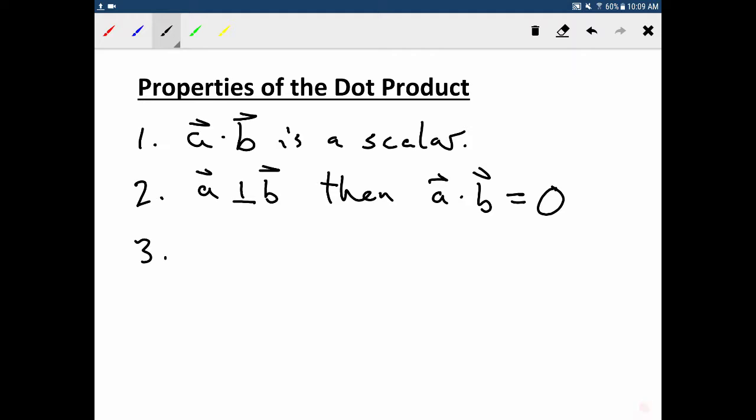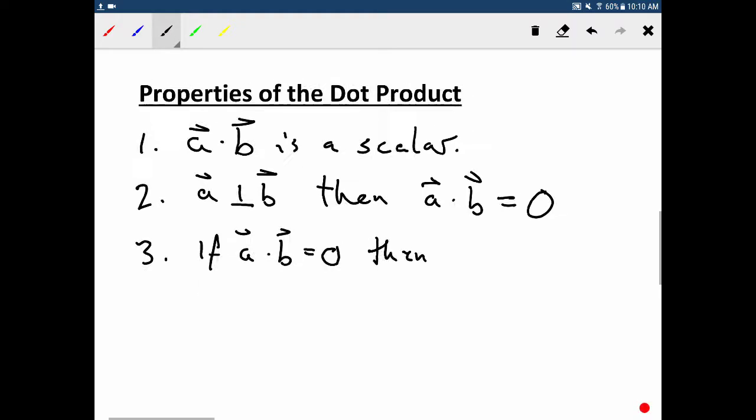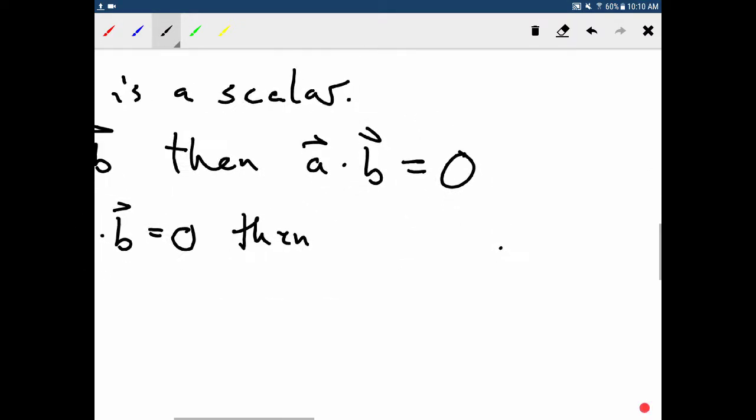Number 3: if A dot B equals 0, then we've got three possibilities.